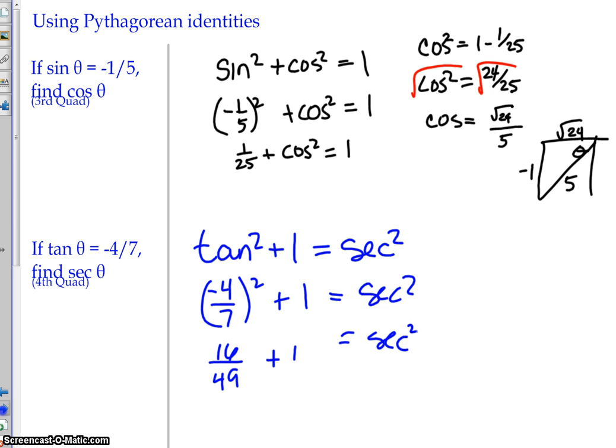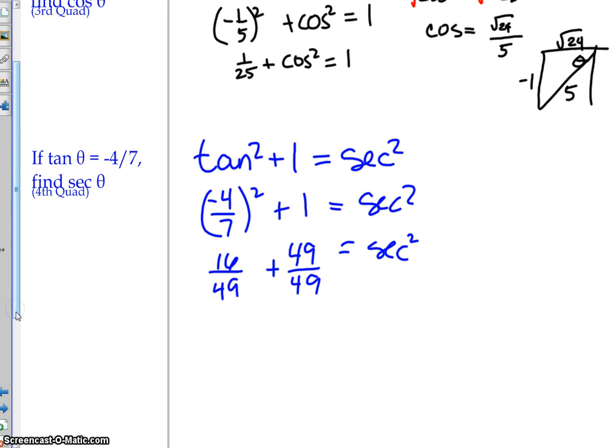Instead of 1, let's change that to be 49 over 49, which is just genius, because 49 over 49 is essentially 1. It's the same value over itself. Now we can add the two together and say really we have 65 over 49 equals secant squared.